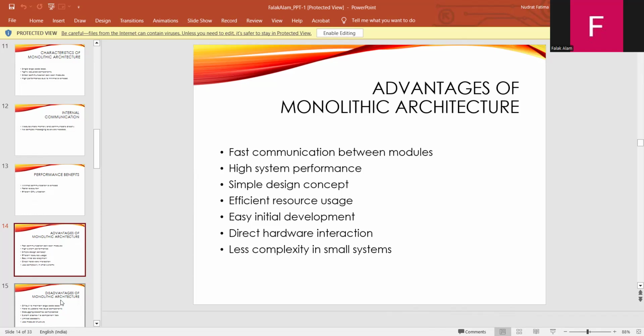Since the design is very simple, the usage of resources is efficient, and development is also very easy. So there would be very little complexity in small systems.